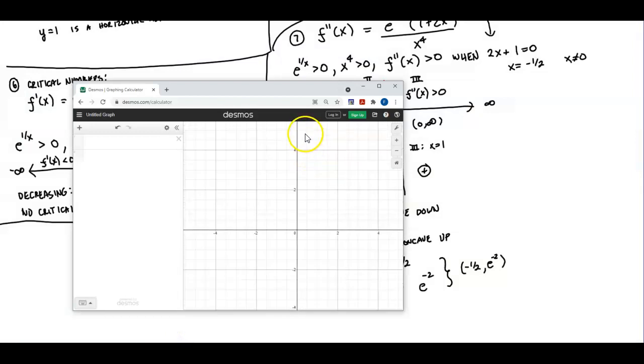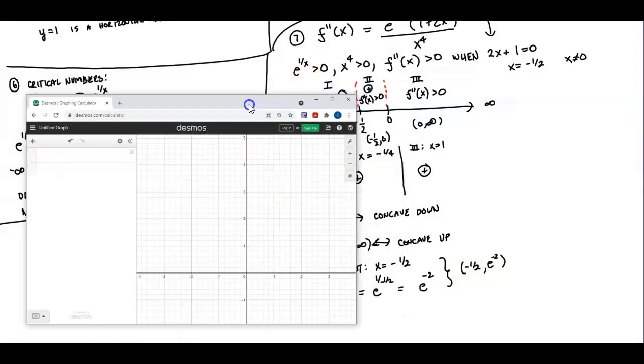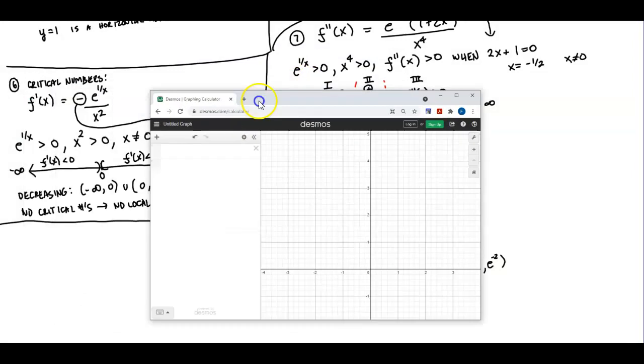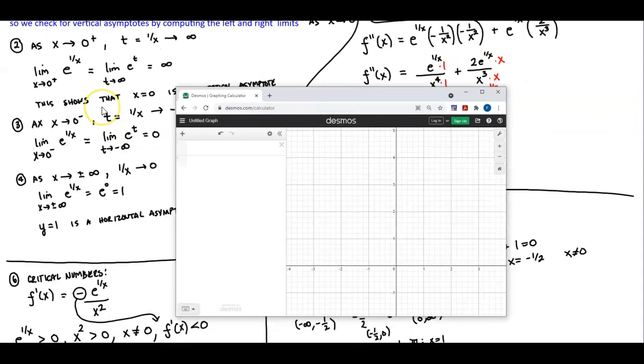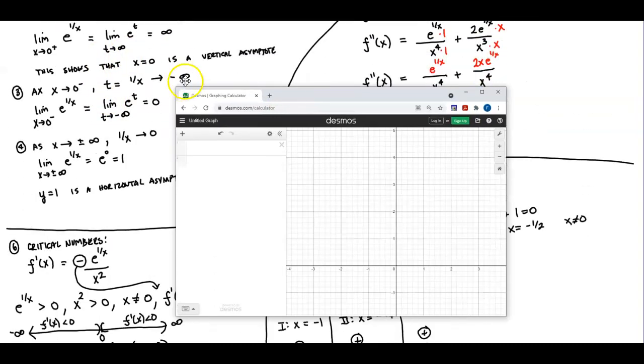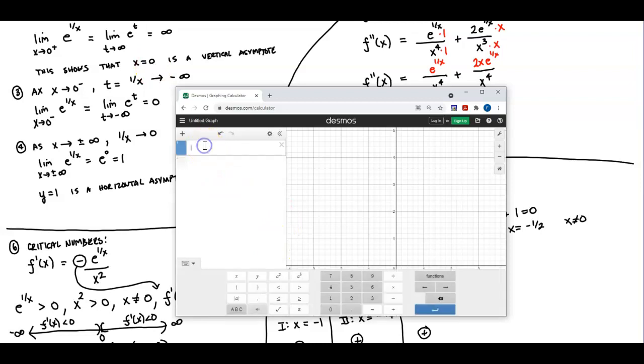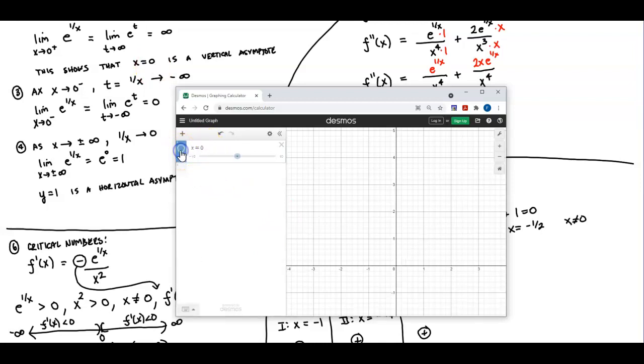Okay, so let's go ahead and graph this. First thing we know is that we have a vertical asymptote at x equals 0. So we can go ahead and put x equals 0, and then we can make that a dashed line, so we know that's a vertical asymptote.